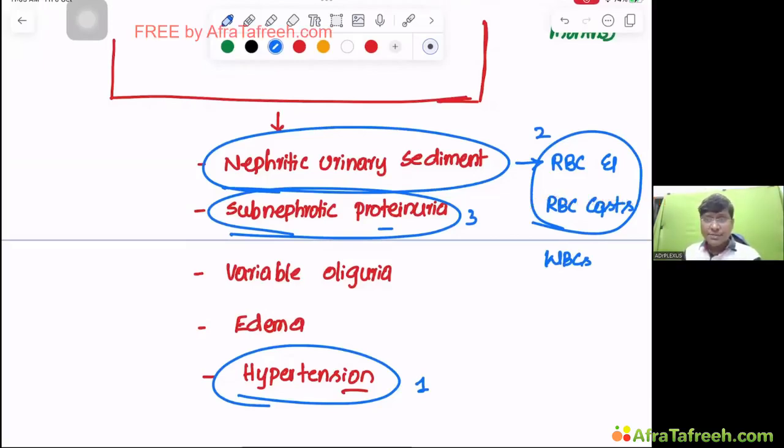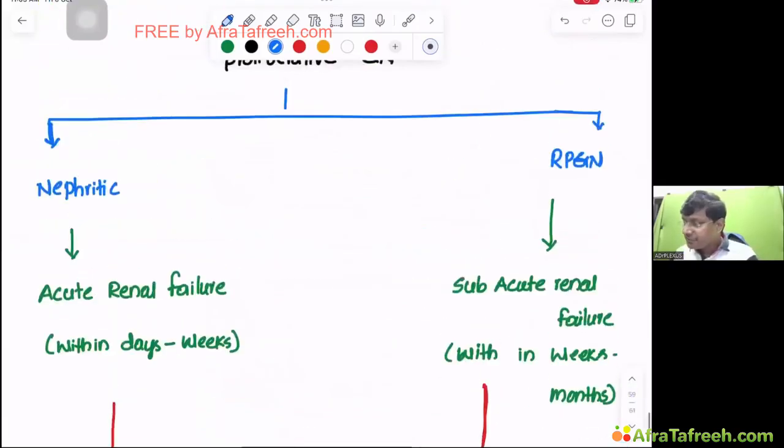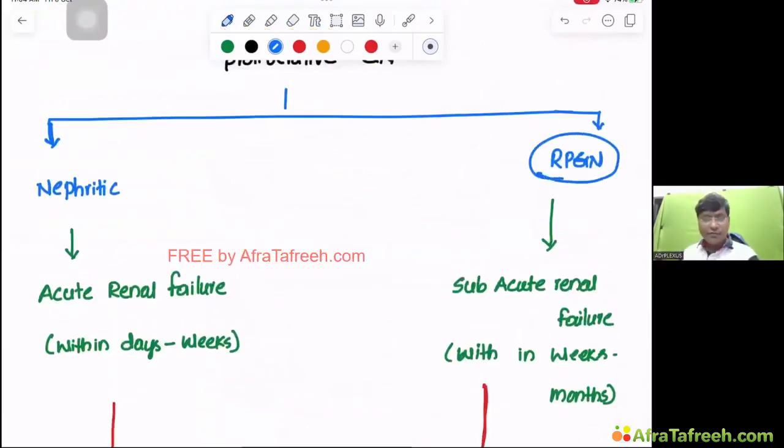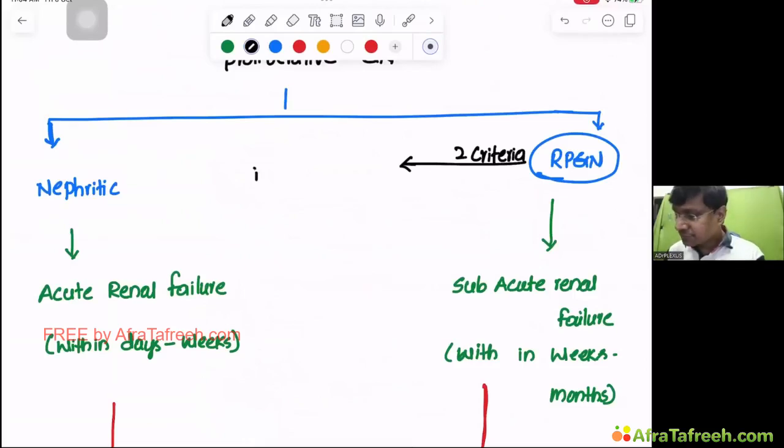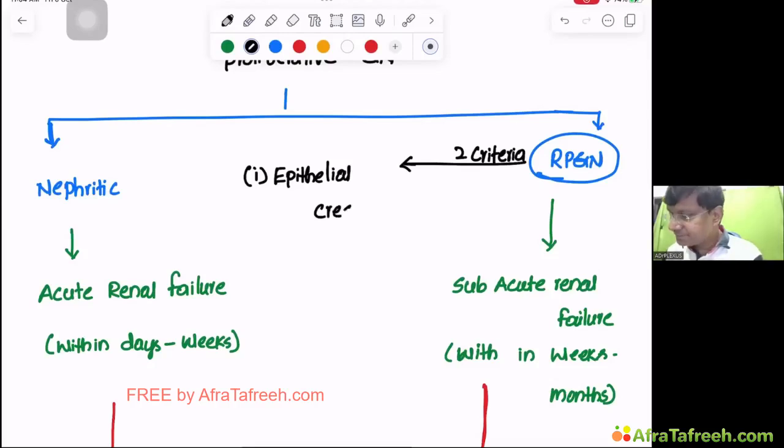Now, to call it RPGN specifically, what are the points in favor of only RPGN? To call it RPGN, two important criteria should be there. What are those? Number one, there should be presence of epithelial crescents.